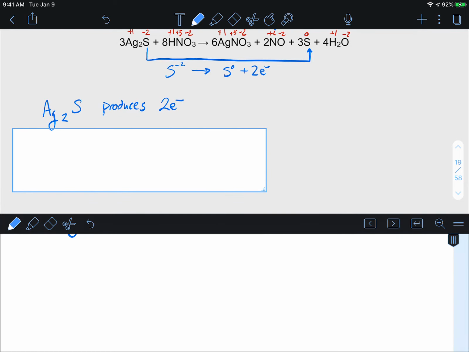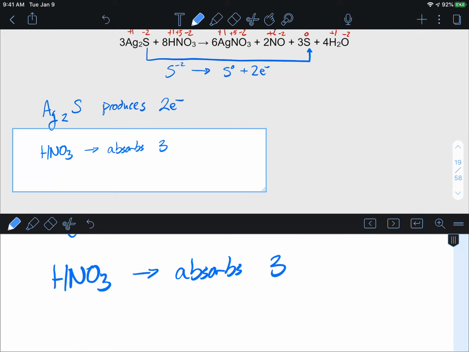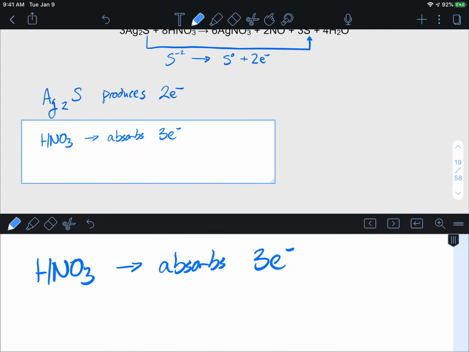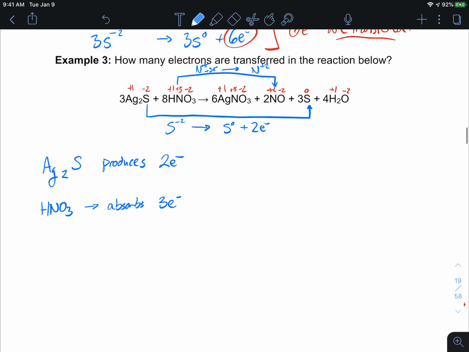And the nitric acid, as we said earlier, absorbs exactly 3 electrons each. So the question here is, how many times does each of these processes happen in this chemical reaction?